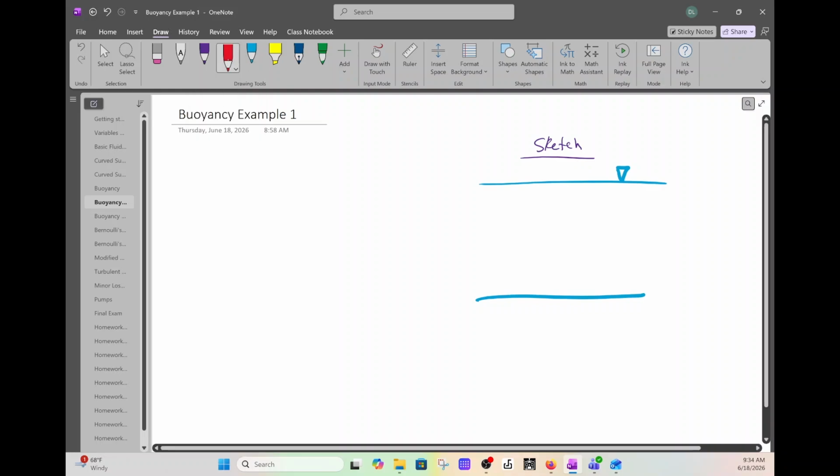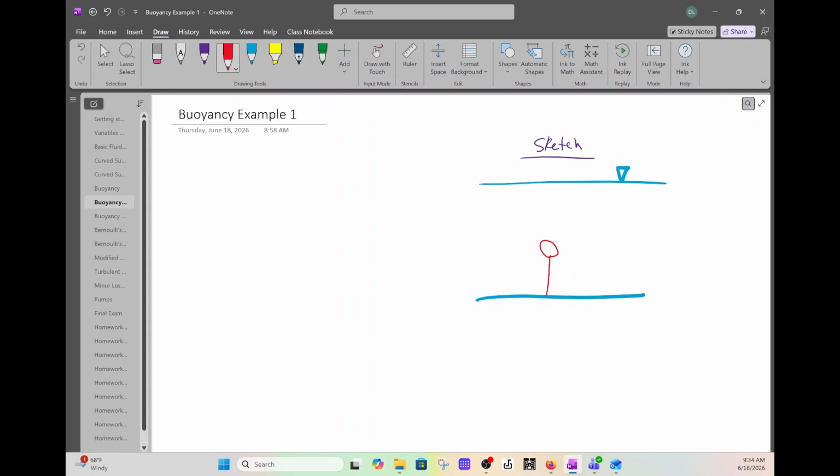Here's a cable. Here's a balloon or a buoy. Let me make that circle bigger. So we have a buoy anchored on a cable. We have sea water here.